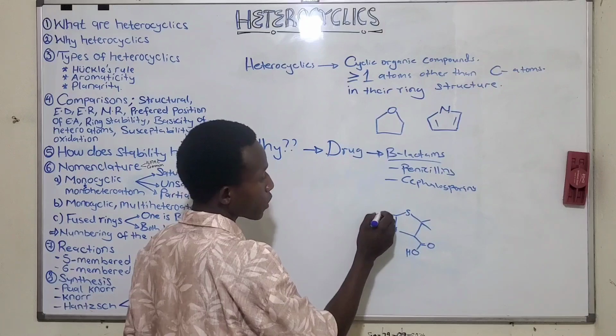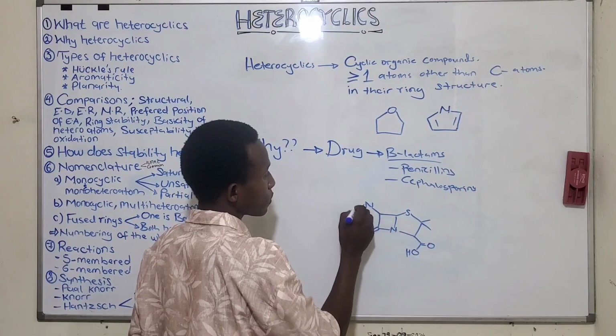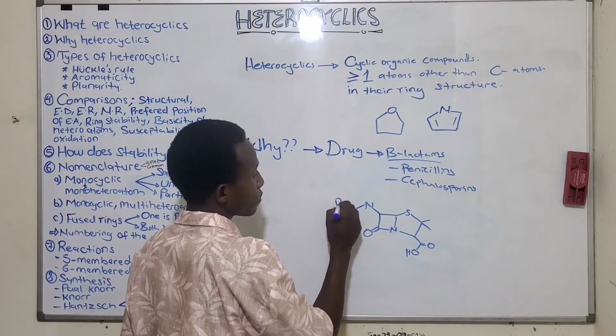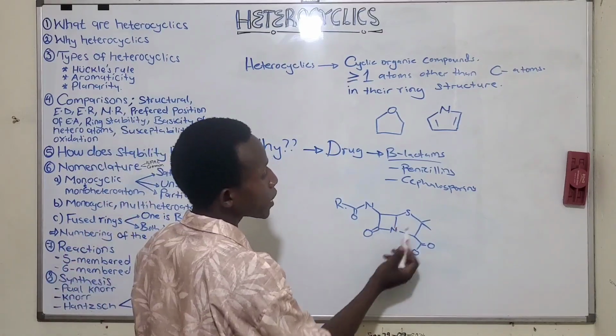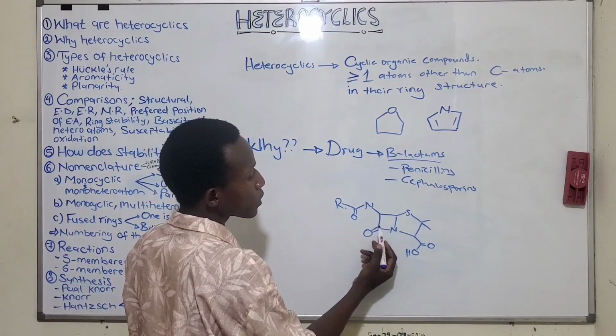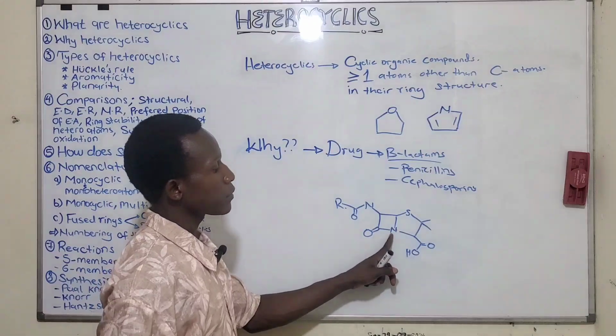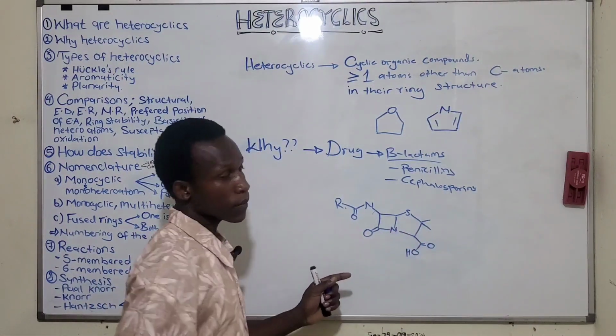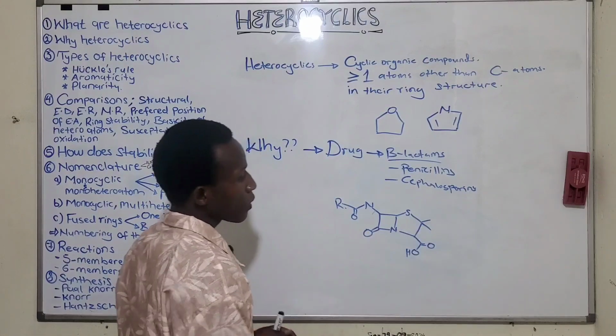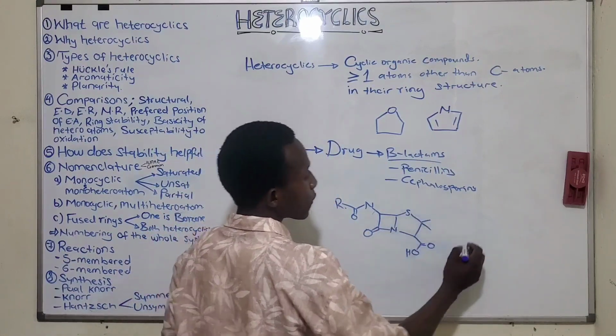This is the general structure of penicillin. When you look at this structure, we have heterocyclics: this is carbon, carbon, carbon, this is nitrogen, this is sulfur, and this is one ring, and this is another ring. This is for penicillin.